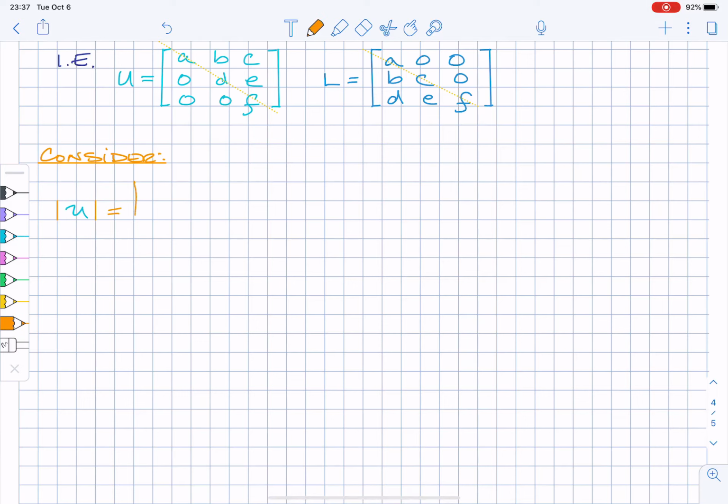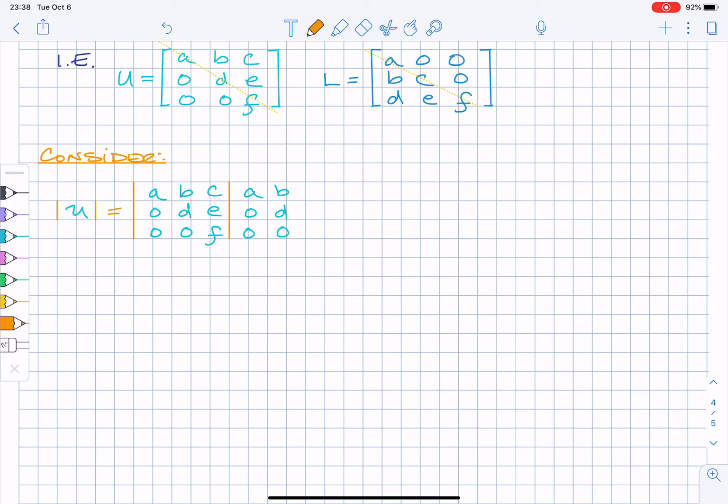Well, I claim that that's going to be the determinant of A, 0, 0, B, D, 0, C, E, F. We're going to augment that with the first 2 columns, A, 0, 0, B, D, 0.